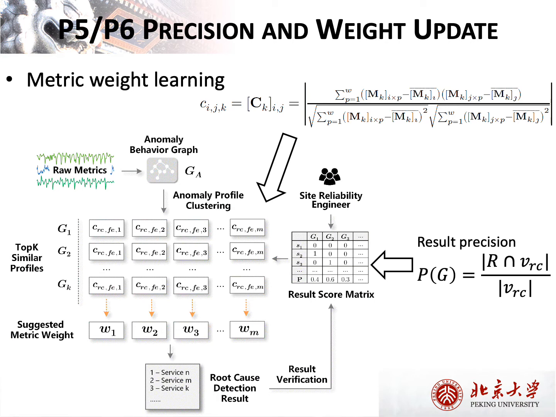Given current anomaly behavior graph GA, we use profile similarity to select top k similar historical profiles as G1 to Gk.